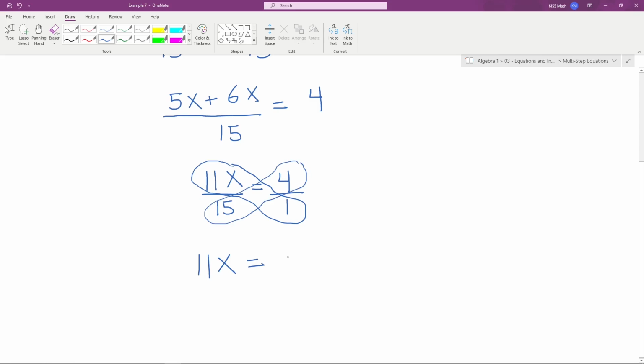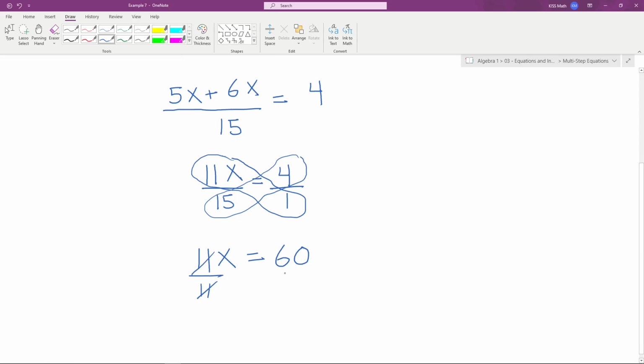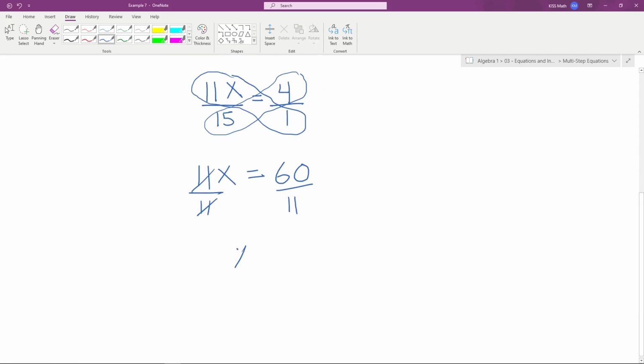So 15 times 4, that is 60. And now I just have my coefficient of 11, which I need to get rid of by dividing it. So if I divide off the 11 here, this cancels. And I also have to divide this side by 11. So my final answer that I get is x equals 60 over 11.